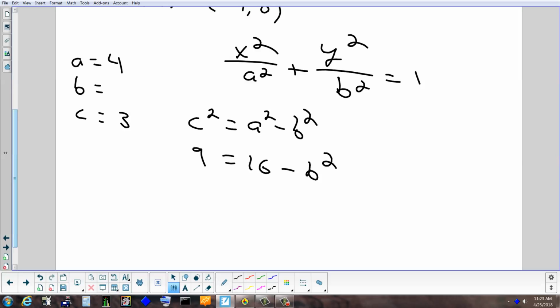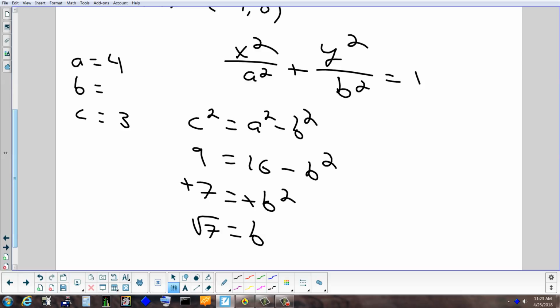Subtract 16. We get negative 7 equals negative b squared. When you have a negative on each side, you can just cancel it. So 7 equals b squared. So how would you get b? What would be my last step to get b? Take the square root.